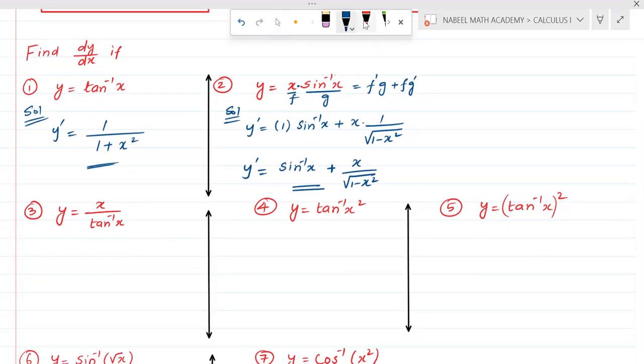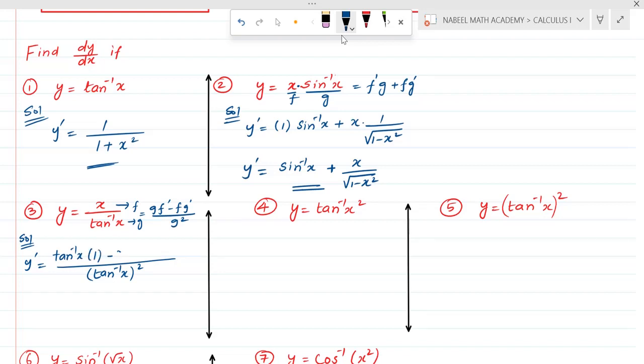Coming to the next one, whenever you have a fraction, we use the quotient rule. What does the quotient rule say? Over g square: g fixed, f prime, minus f fixed, g prime. It is the same rule we apply here. So y prime is equal to, over tan inverse x whole square: tan inverse x is fixed, and the derivative of x is 1, minus x fixed, times the derivative of tan inverse, which is 1 over 1 plus x square.